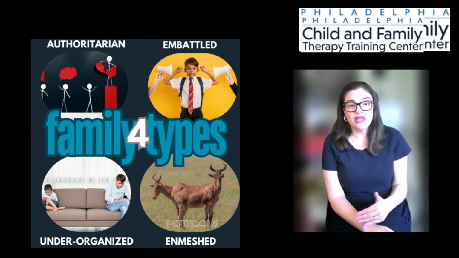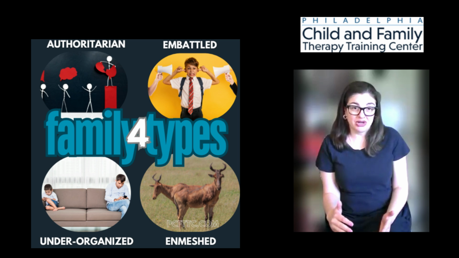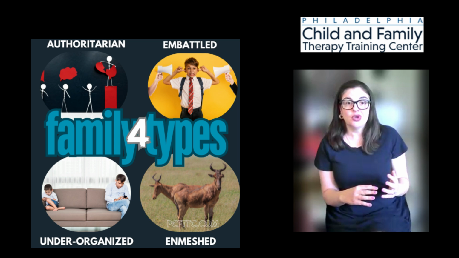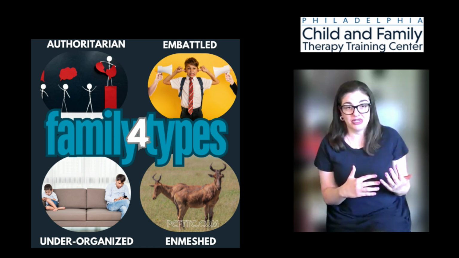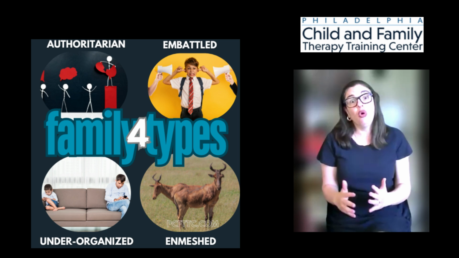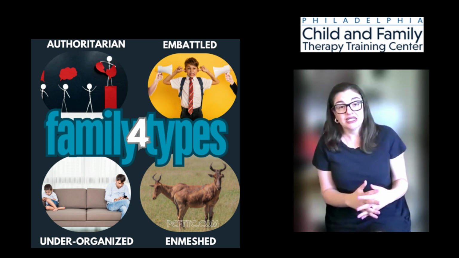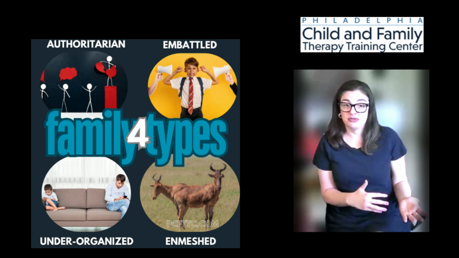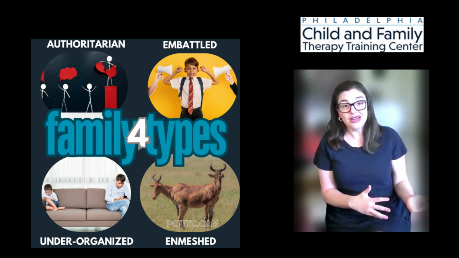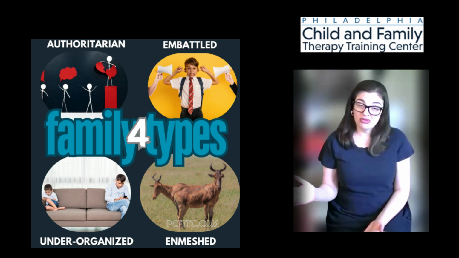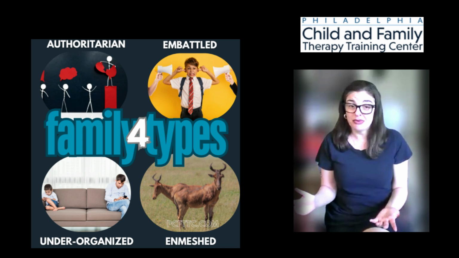What you'll find is that when we get into these extremes of parenting, if we're rigid and under responsive, we get authoritarian parenting. Or if we're rigid and over responsive, we get embattlement in the parenting. And then opposing that, if we're diffuse and under responsive, we get an under-organized parental system. And finally, if we're over responsive and diffuse, we get an enmeshed parental system.